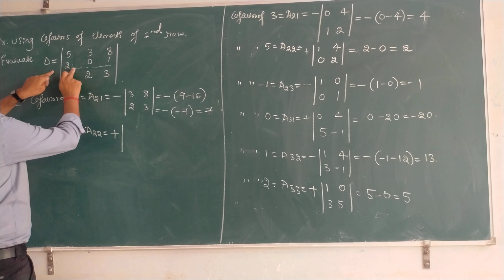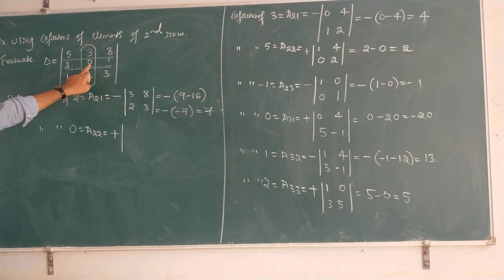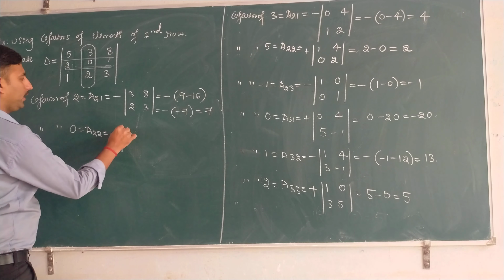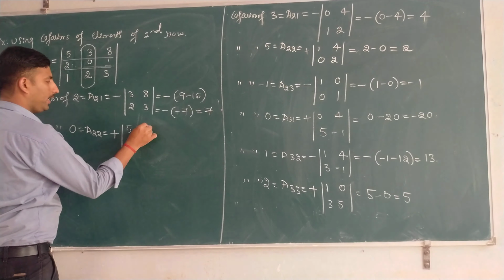What are the remaining? 5 1, 8 3. 15 minus 8, which is equal to 7. After completion of this, you must take some other value. I take this value: cofactor of a23.